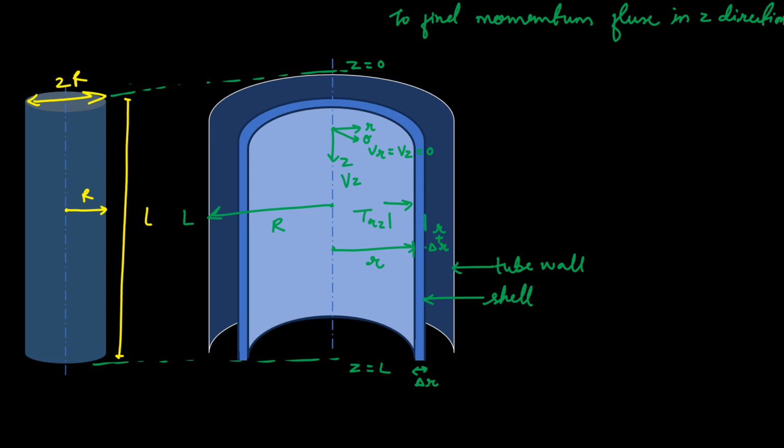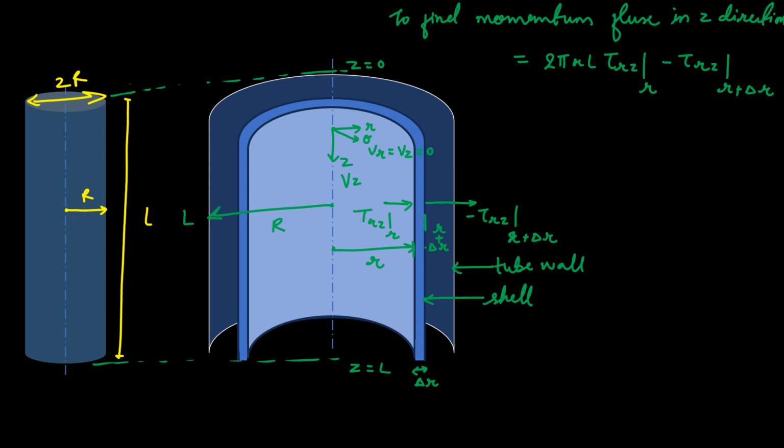The shear stress acting on the shell is tau Rz at surface R and negative tau Rz at surface R plus delta R. So this becomes a momentum flux equal to 2 pi RL times tau Rz at the R surface minus tau Rz at R plus delta R.